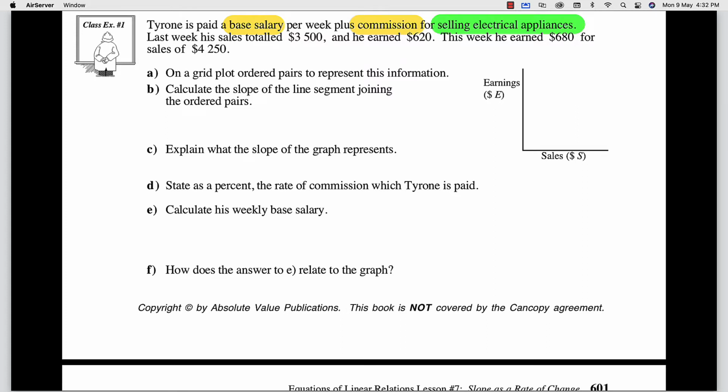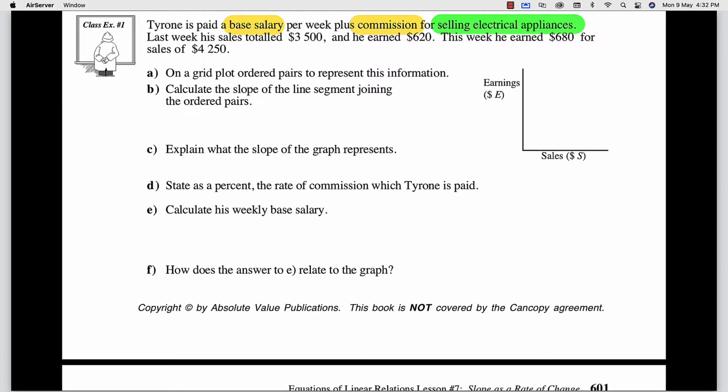So for the more items and dollars worth of items that he sells, the more money he is going to earn. So it's in his best interest to work hard and sell a lot of items so that he can earn more money. Now you can see in this case, depending on how much he sells, he's going to make more or less.